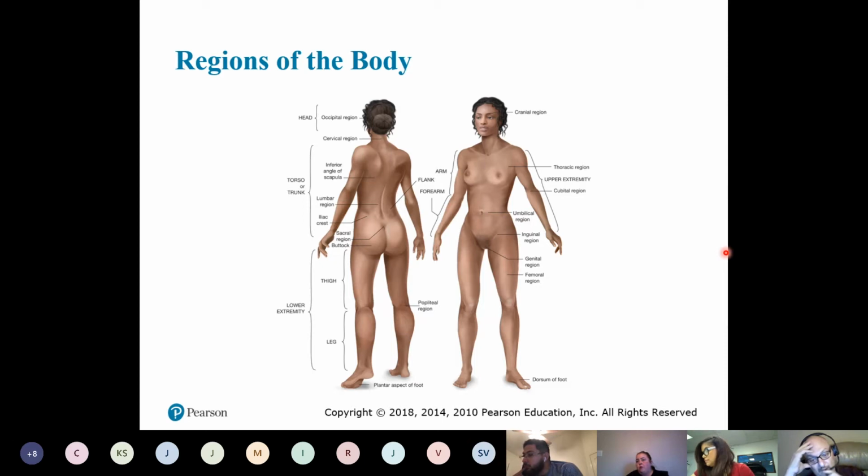Then you have posterior, tibial. And then the last one is dorsalis pedis.